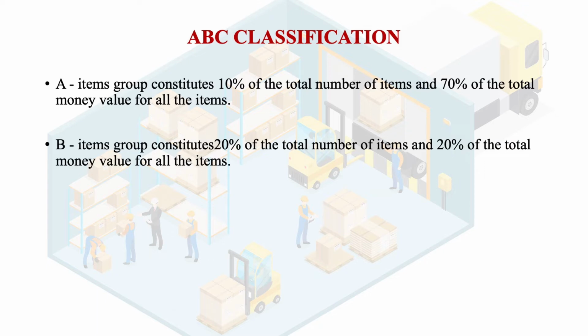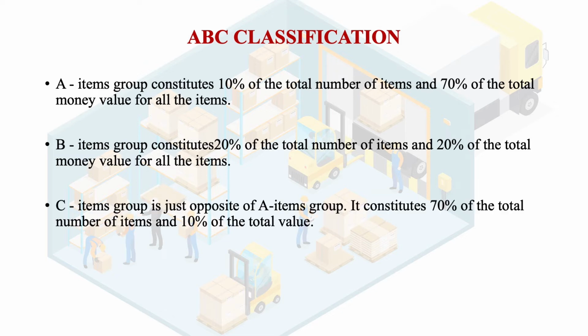B item group constitutes 20% of total items and 20% of total money value. And if you see the C item, it is just opposite to item A. It constitutes 70% of total number of items, but 10% of the total value.